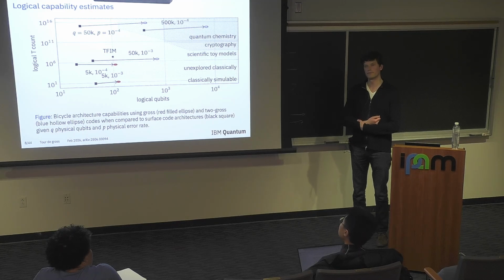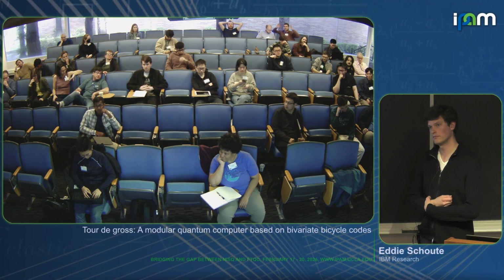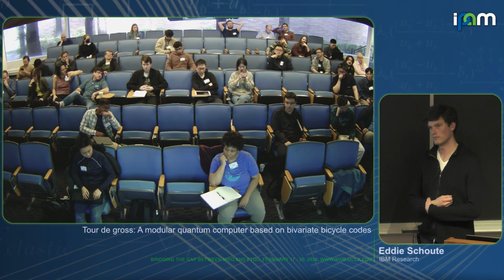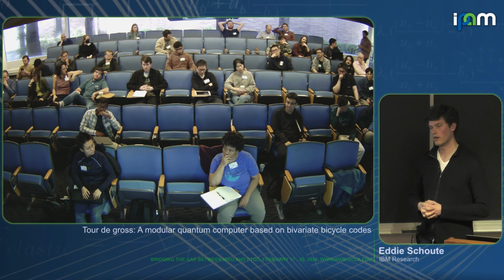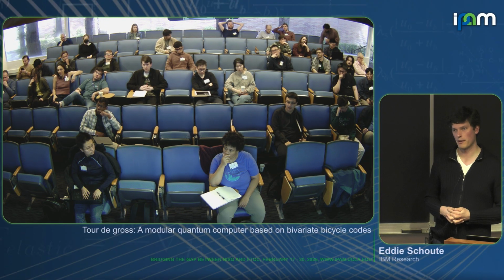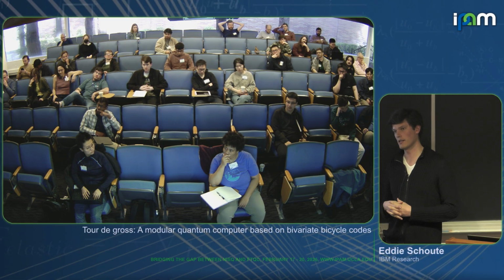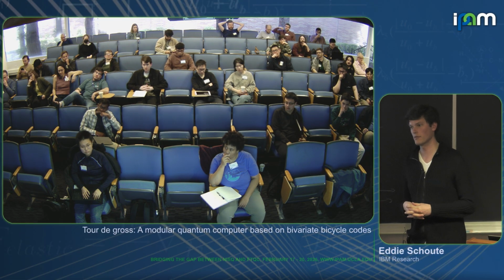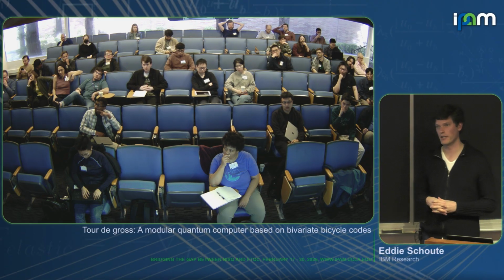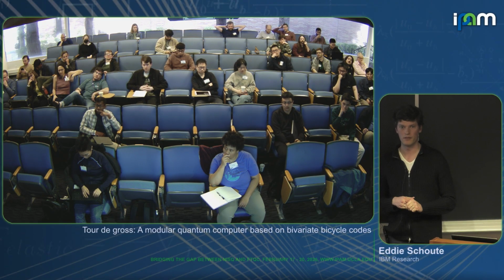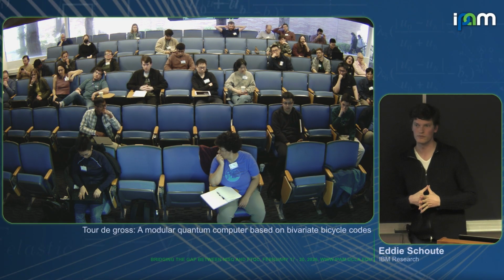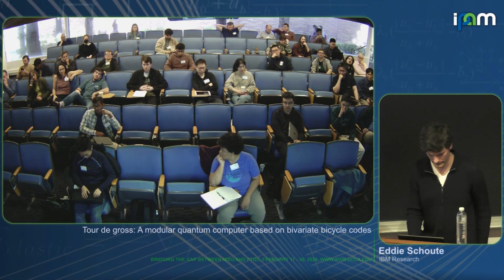So are these based on just assuming memory, or are they taking into account the logical error rates of lattice surgery? They will take into account both the memory noise rate and the logical operations. They also contribute errors. Yeah. Any other questions? Okay.